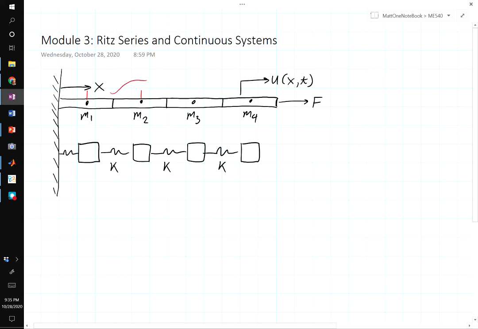So if we had a chunk of material with that length and we were putting in an extension, that would be our spring. And then the mass would be density times the volume of the material there. So notice this spring is shorter, so it would actually have twice the stiffness of the others. But anyway, we could do this.